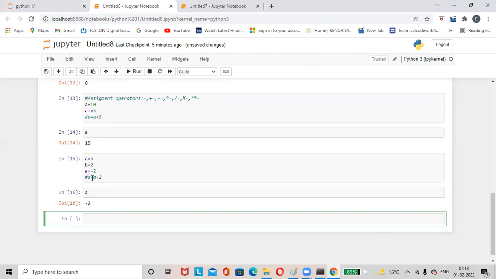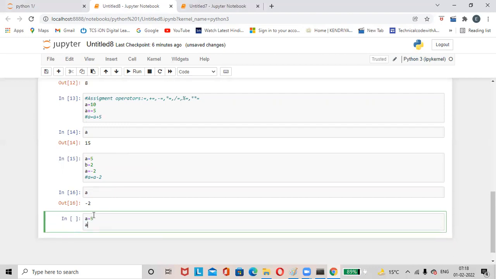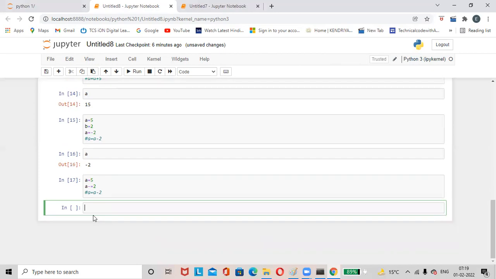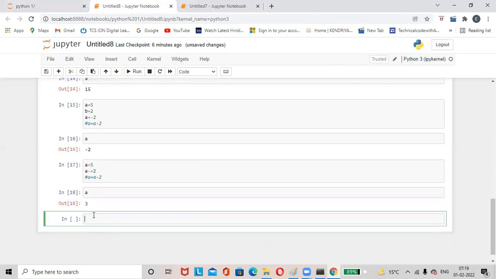Okay, let us check with another example. A equals 5, A minus equals 2. What does it mean? A equals A minus 2. Then what is the value of A here? 3. Okay, 5 minus 2 is 3.